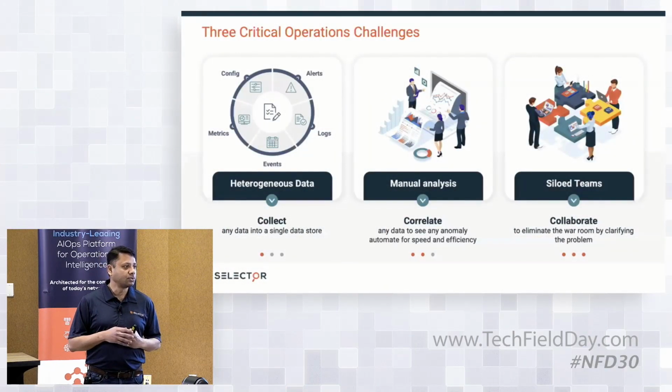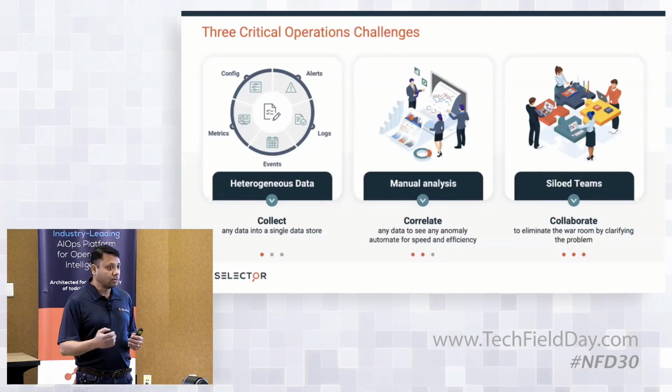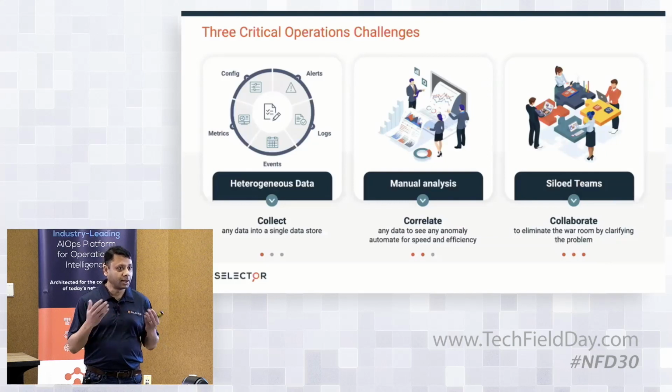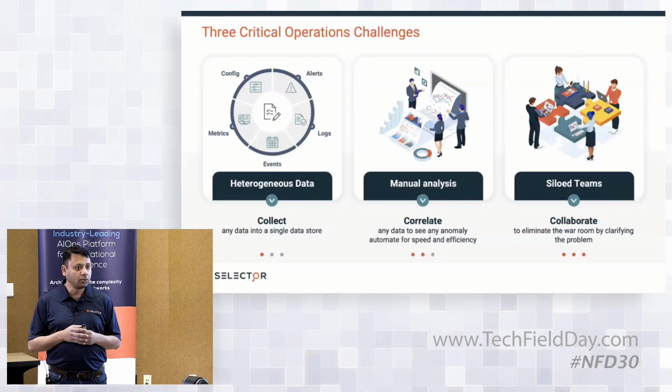Yes, metrics is one of the key things that they look at, but for contextual information they look at configuration, events, alerts, and logs. Logs have a lot of good information which they browse. But they're looking at these different data sources in silos, because there are multiple monitoring tools in the market.